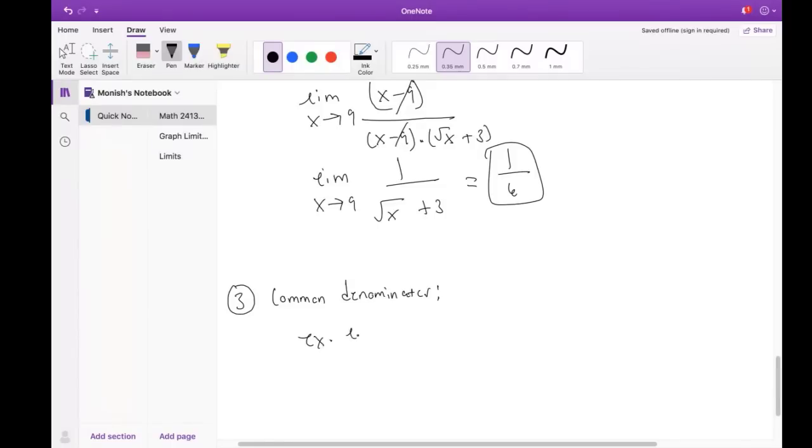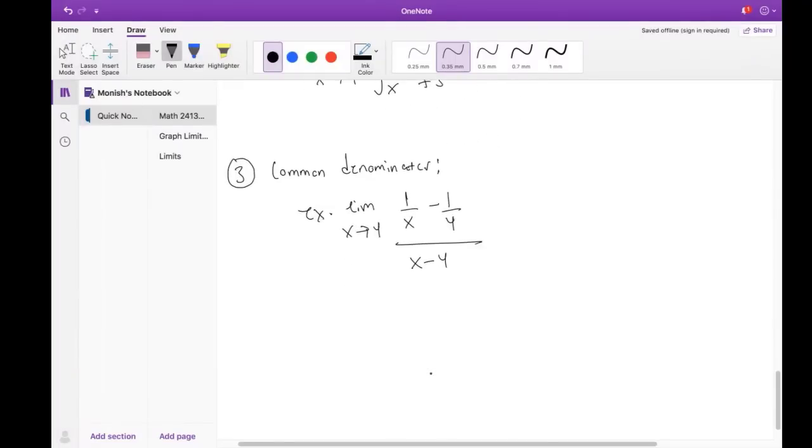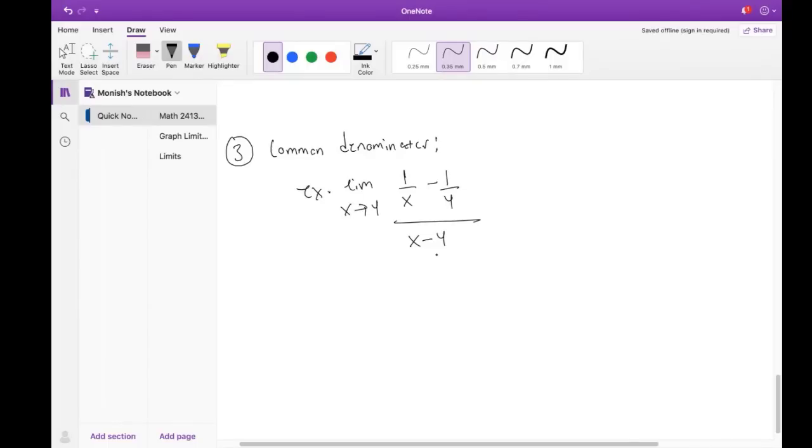So if we have limit as x approaches 4 of 1 over x minus 1 over 4, divided by x minus 4. Again, if we plug in 4 immediately, we'll get 0 in the denominator.